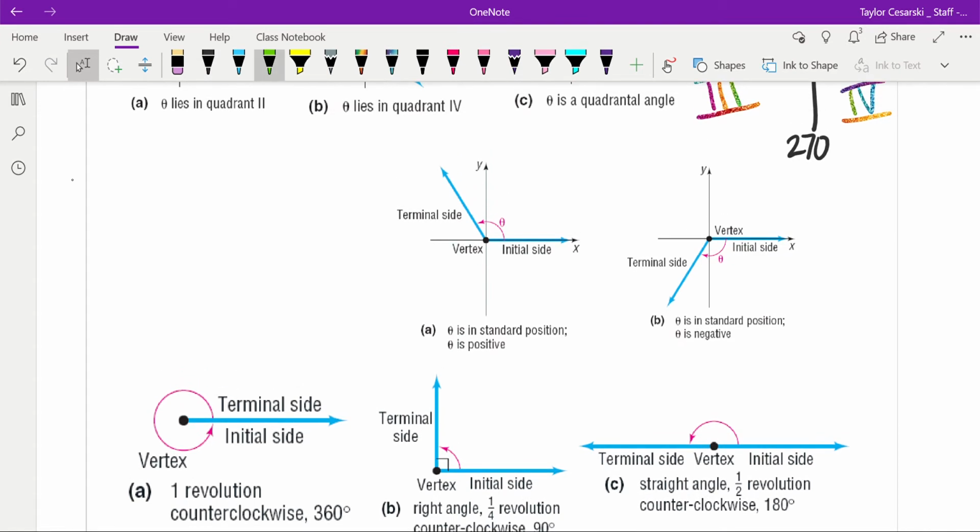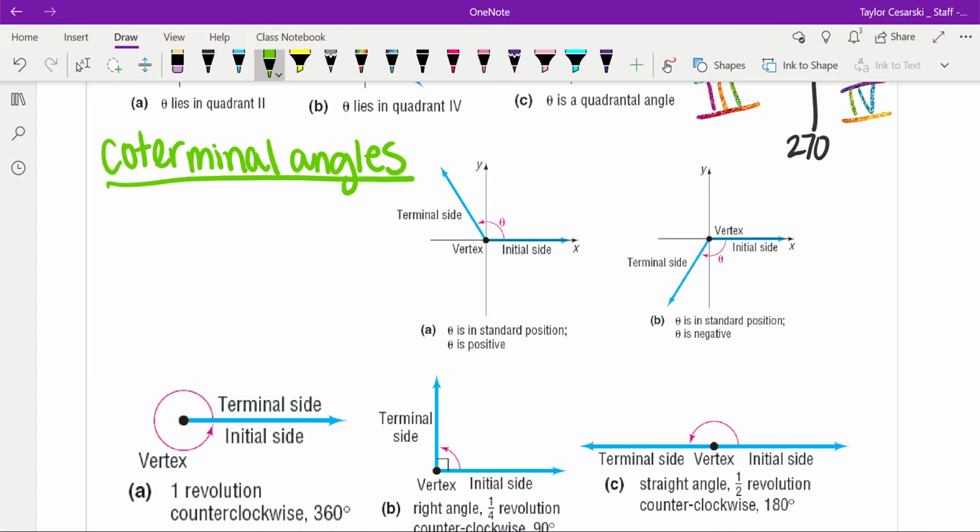I'm also going to talk about something that isn't specifically in your packet, but you talked about a lot in Math 3, something called coterminal angles. So coterminal angles are angles that lie in the same location on your circle.